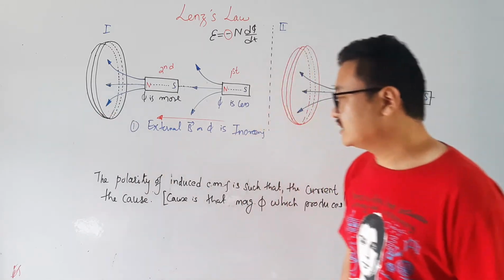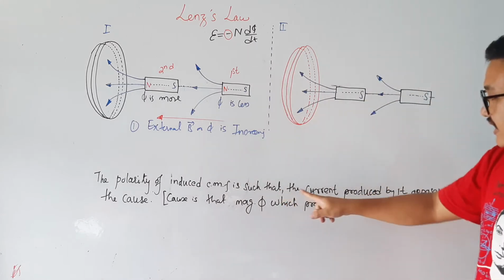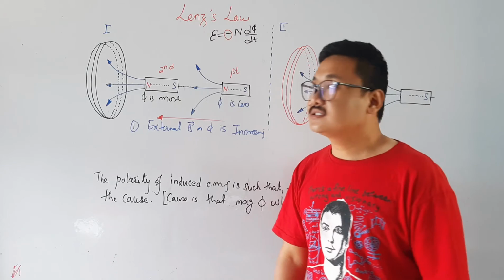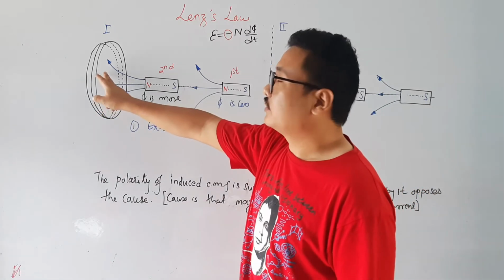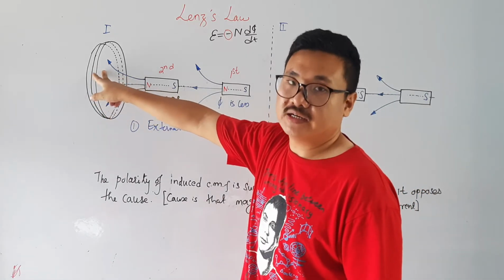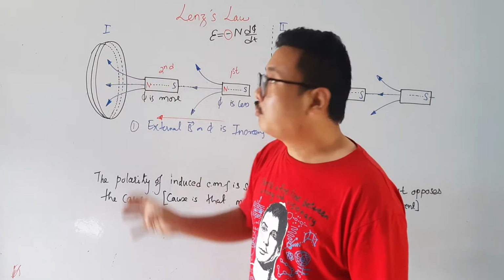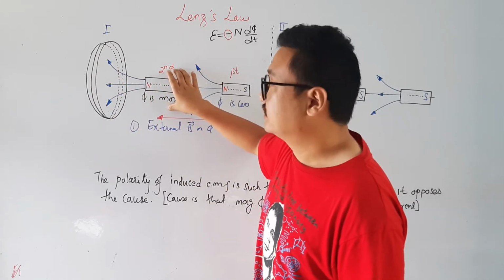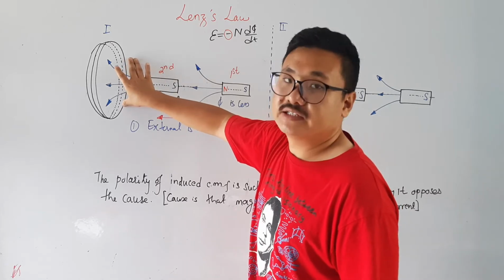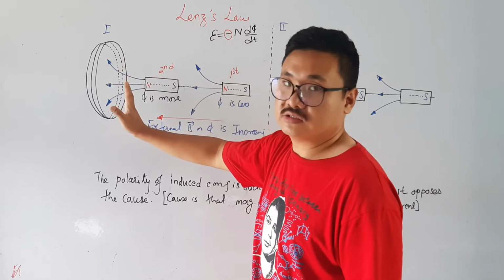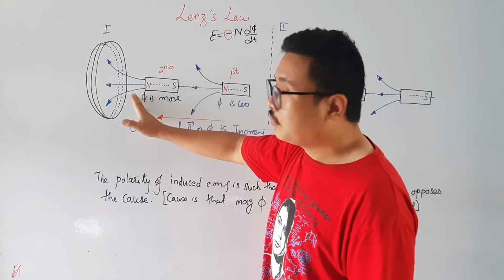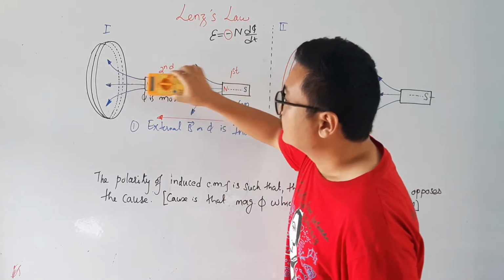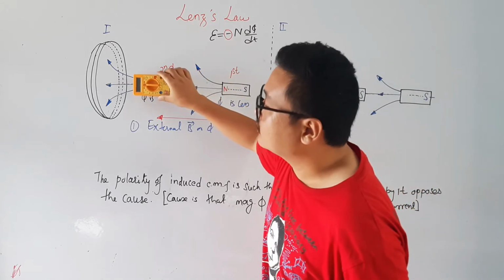Lenz's law says that the current produced by it opposes the cause. It means the current produced in this coil by electromagnetic induction should oppose the cause. What is the cause? The movement of the magnet, and the changing magnetic flux. The magnet is going this side. To oppose this, what should it do?